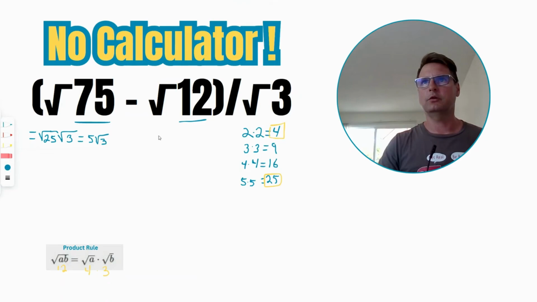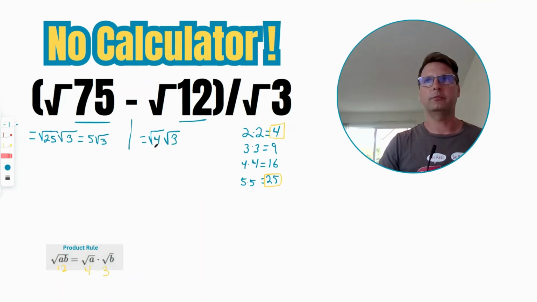Okay, so that means for the square root of 12, all we need to do is substitute what we had on the left with what we have on the right. So the square root of 12 is equal to the square root of 4 times the square root of 3.